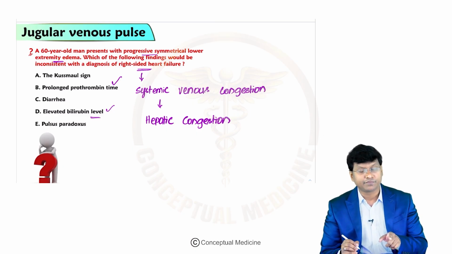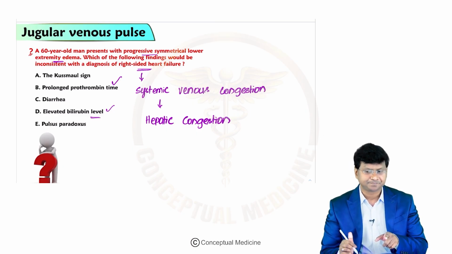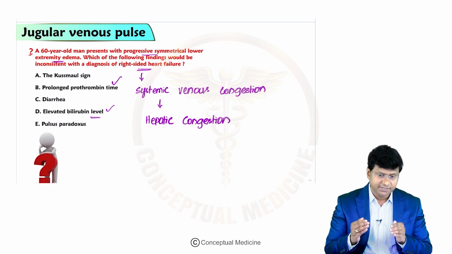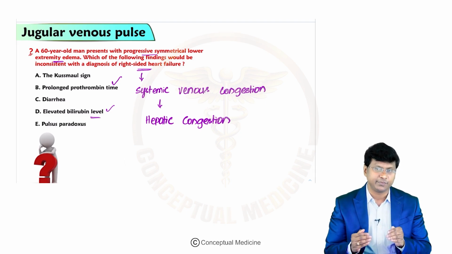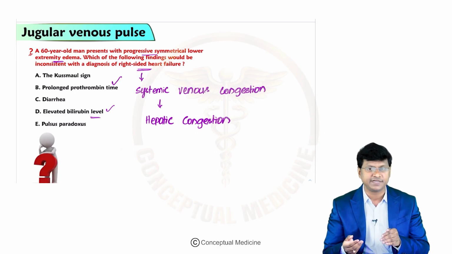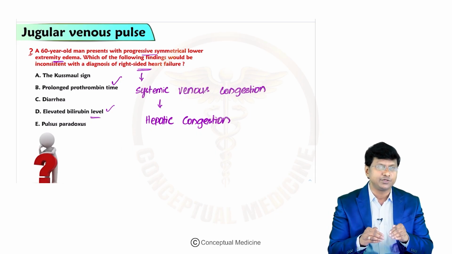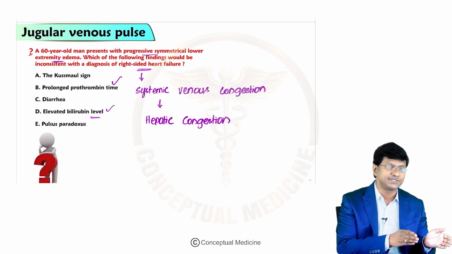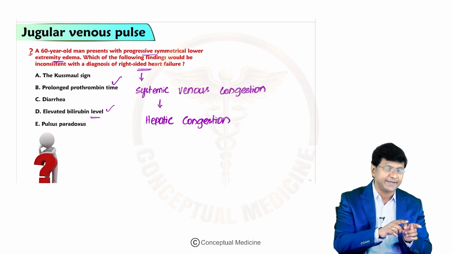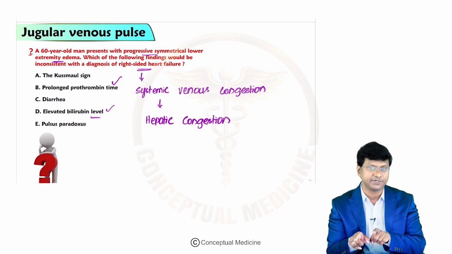And because of the IVC congestion, take the mesenteric veins, superior mesenteric vein or inferior mesenteric vein, ultimately they have to drain into the portal vein. From the portal vein, the blood enters into the liver. From the liver, through the hepatic veins, it has to enter into the inferior vena cava.